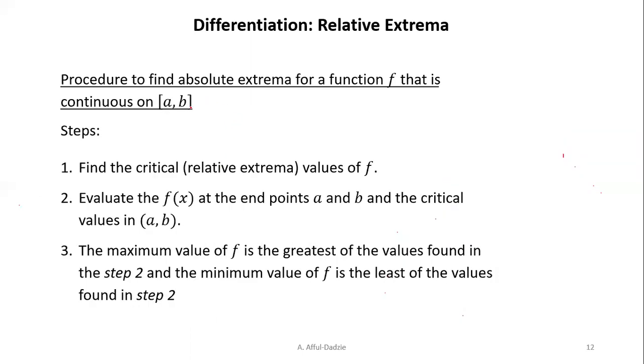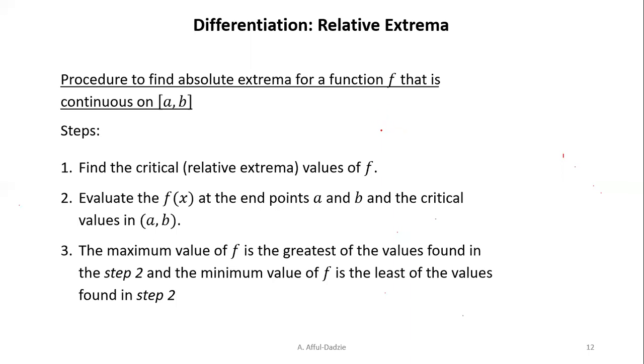The procedure to find the absolute extrema for a function f that is continuous on [a, b] is, first, let's find the critical values of f, which means take the first derivative, equate it to 0, and solve for the quantity.